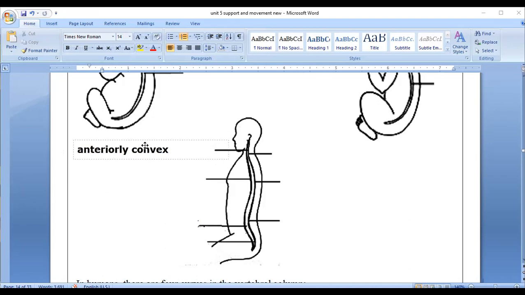Who is marked as anteriorly convex? First secondary curve. Another name? Cervical curve. So the cervical curve is anteriorly convex. Okay, I am marking it.